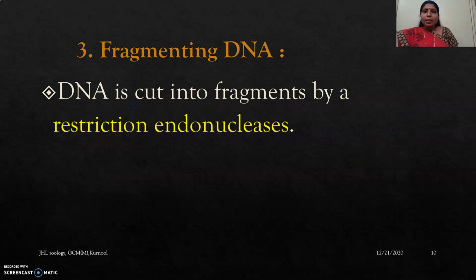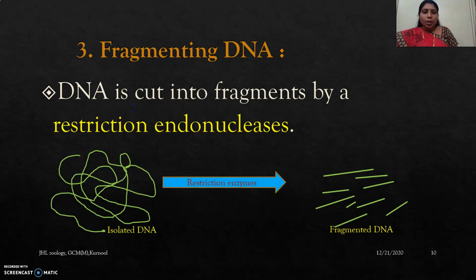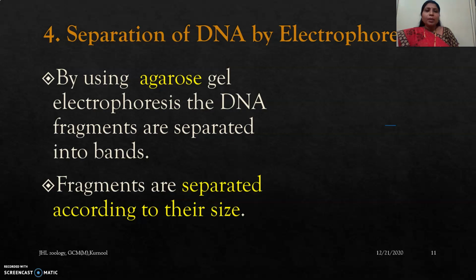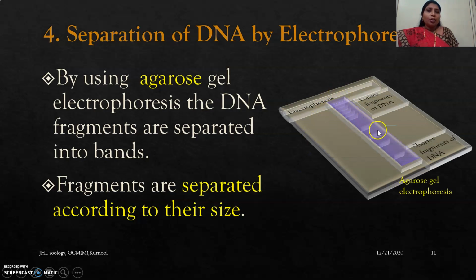Next, the DNA should be fragmented into a number of pieces by restriction endonuclease activity. The restriction endonucleases cut the DNA into numerous fragments. Later, this sample is filled in the well created in the agarose gel and electrophoresis is run so that the fragments of DNA get separated in the form of bands.